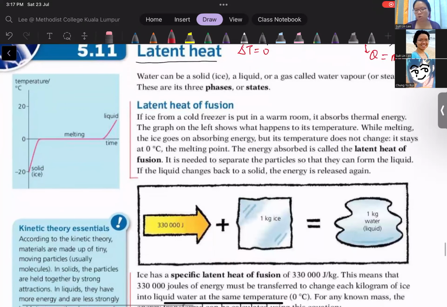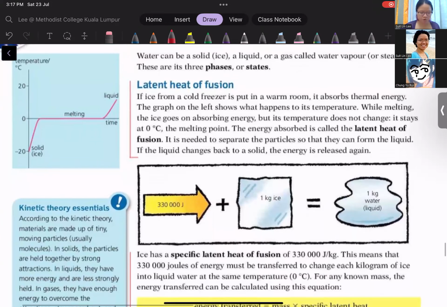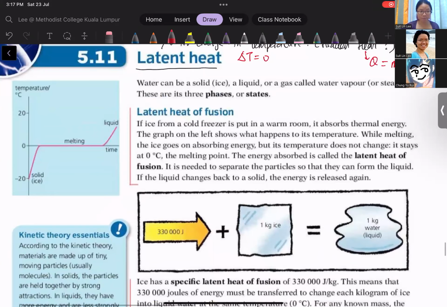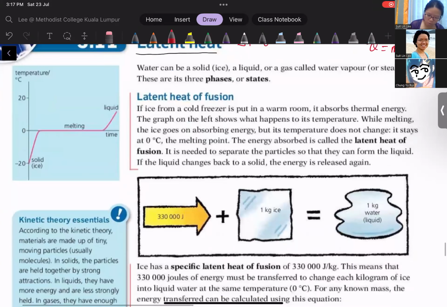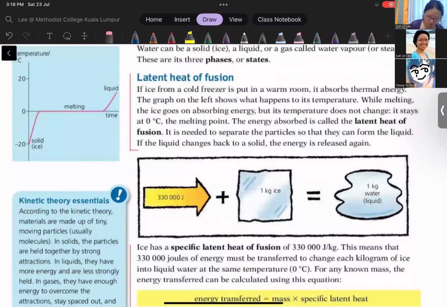Okay, so that's why we look at this thing called latent heat. If you look at the heating curve of this temperature, you notice that something will go from, let's say, solid at -20 here to here. What is going on from here to here is mc delta T. This is not latent heat.